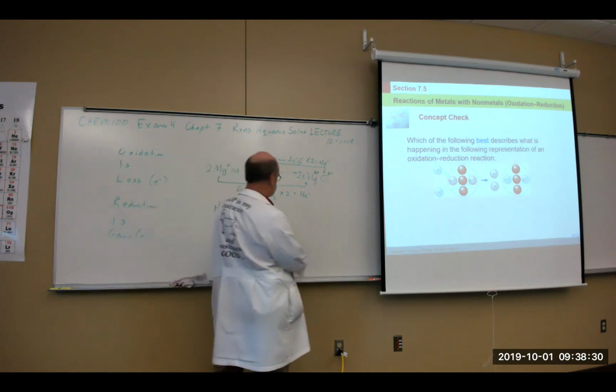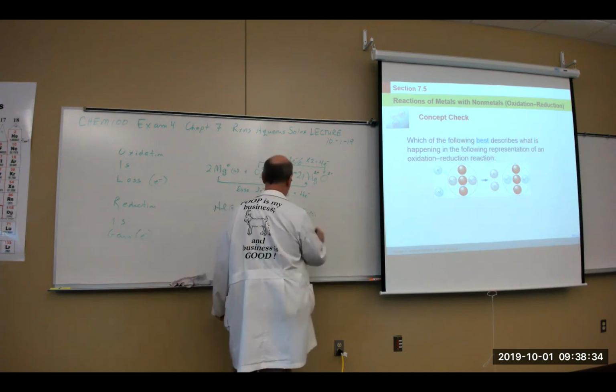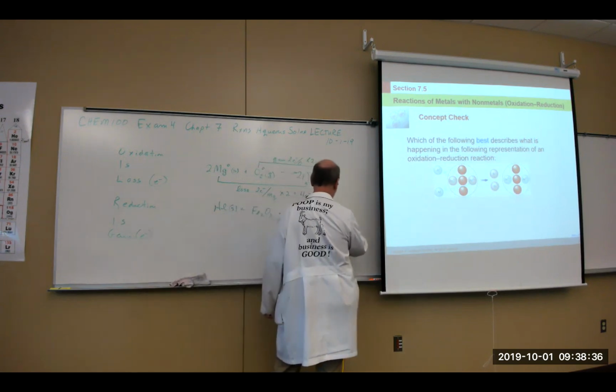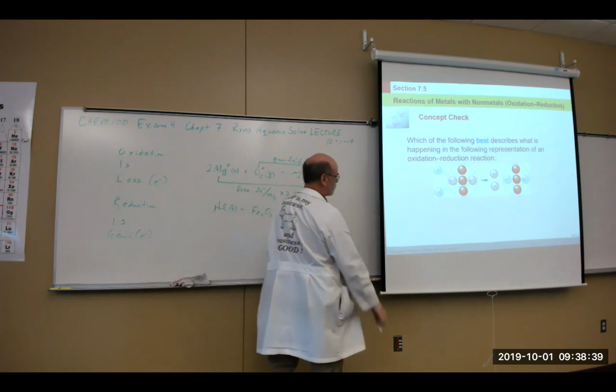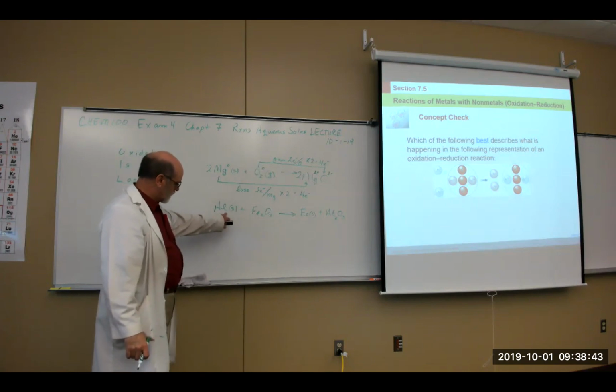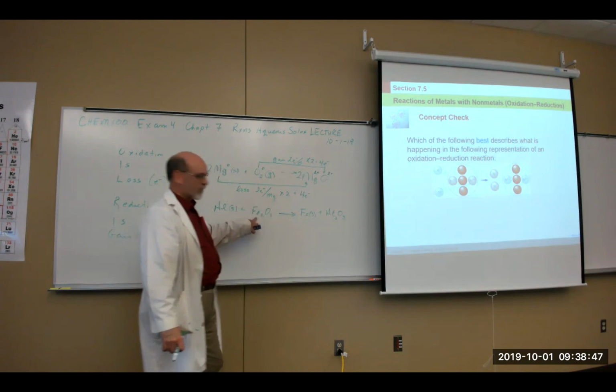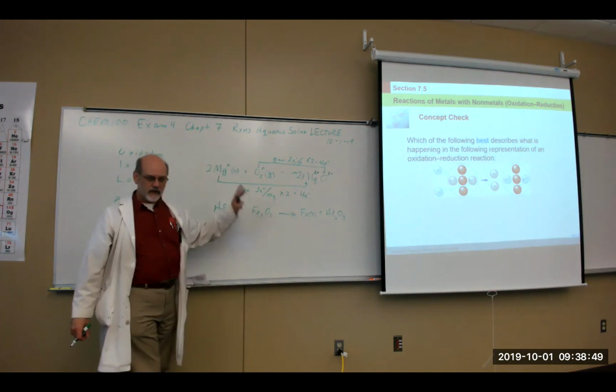And what does it yield? Well, it yields iron solid plus aluminum oxide, Al2O3. So you see, element in a compound, or element coming from a compound. That's oxidation reduction.